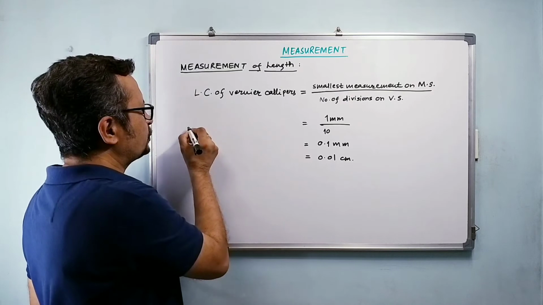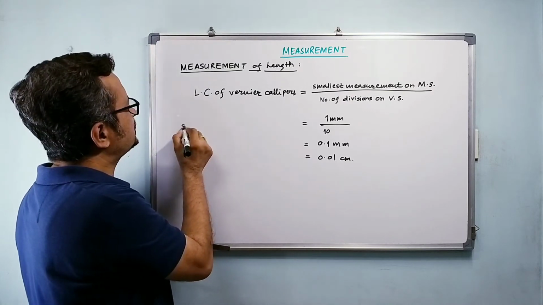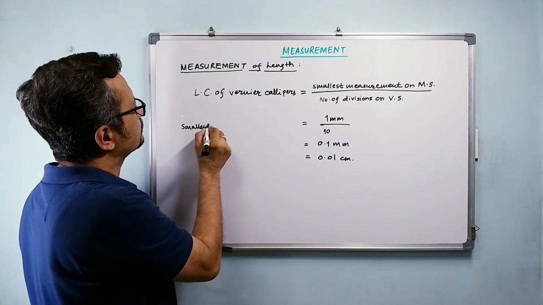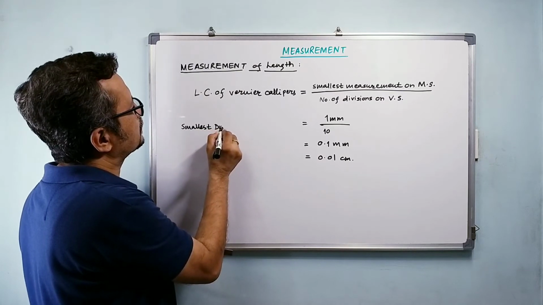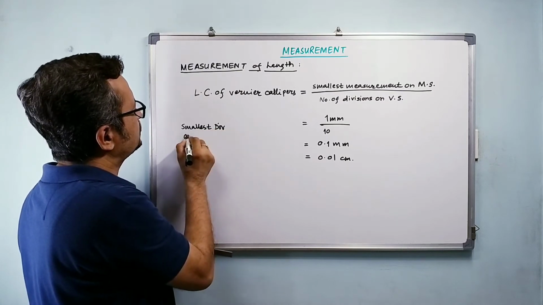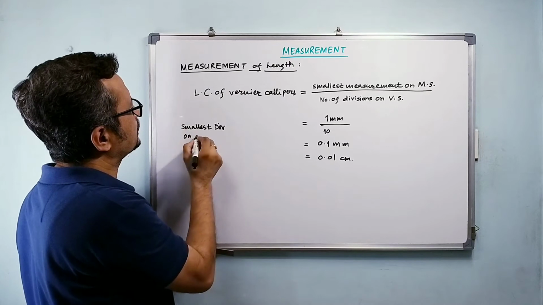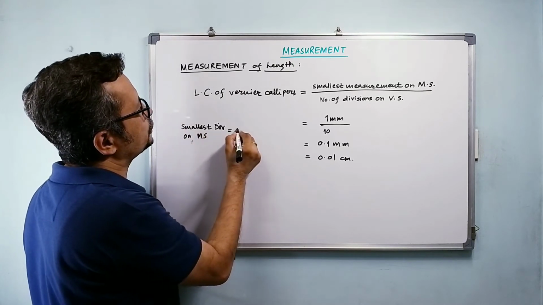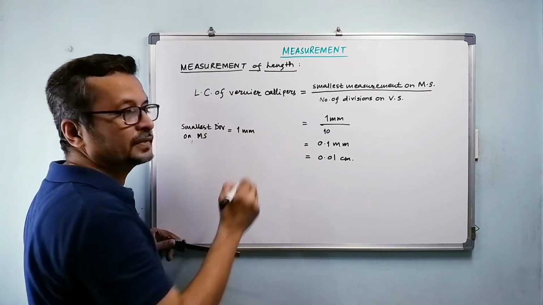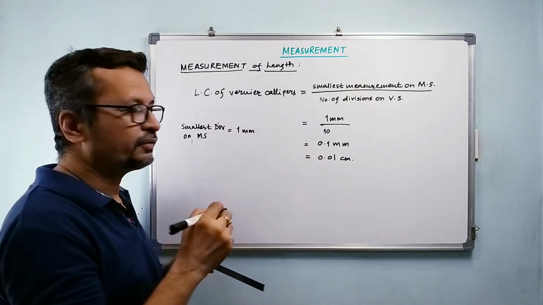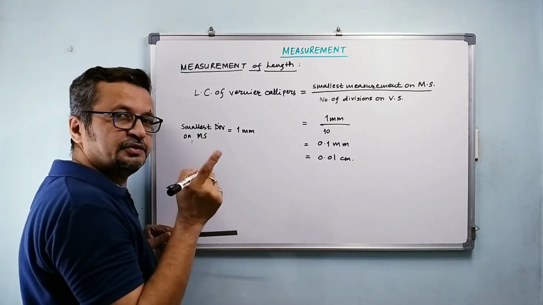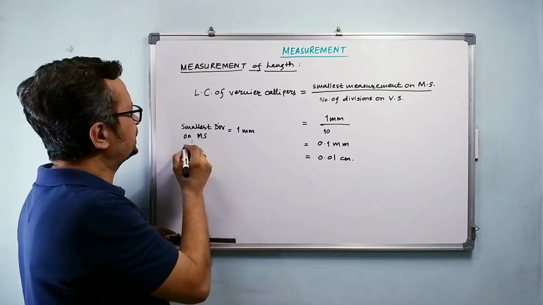So now I'm going to write here, smallest division on main scale is equal to 1 millimeter, correct? And what is the number of divisions? Number of divisions, we found that it is 50.